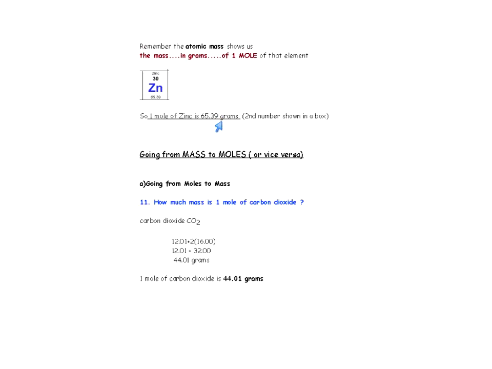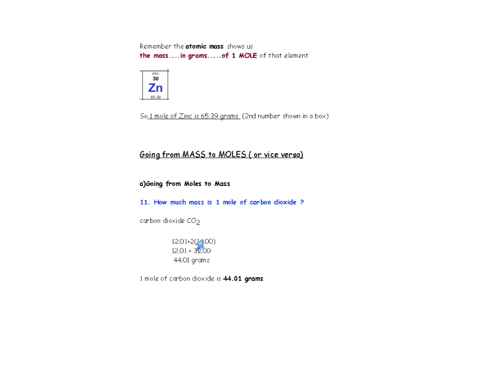Okay, so we have to know how to do calculations to go from mass to moles and from moles to mass, right? So if we're going from moles to mass, if the question says, how much mass is 1 mole of carbon dioxide, you have to look on the periodic table at the atomic mass for carbon. You see it's 12.01. You look for oxygen.